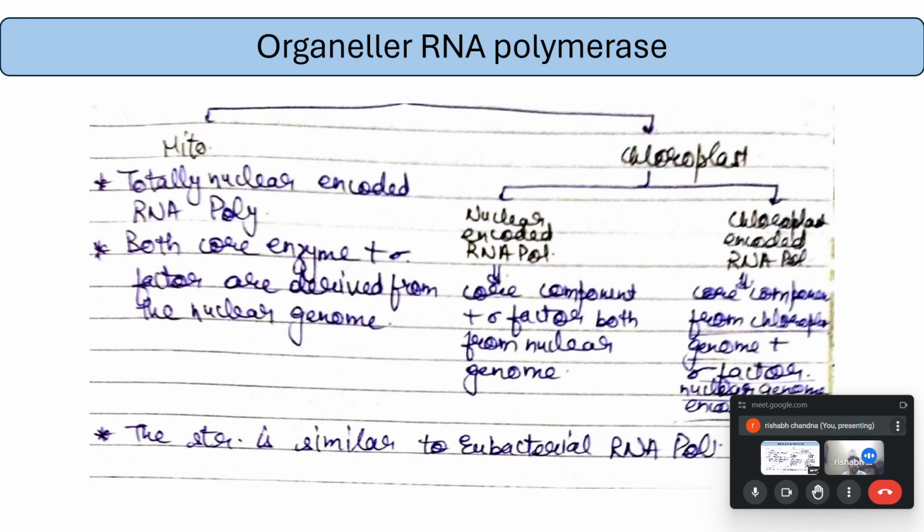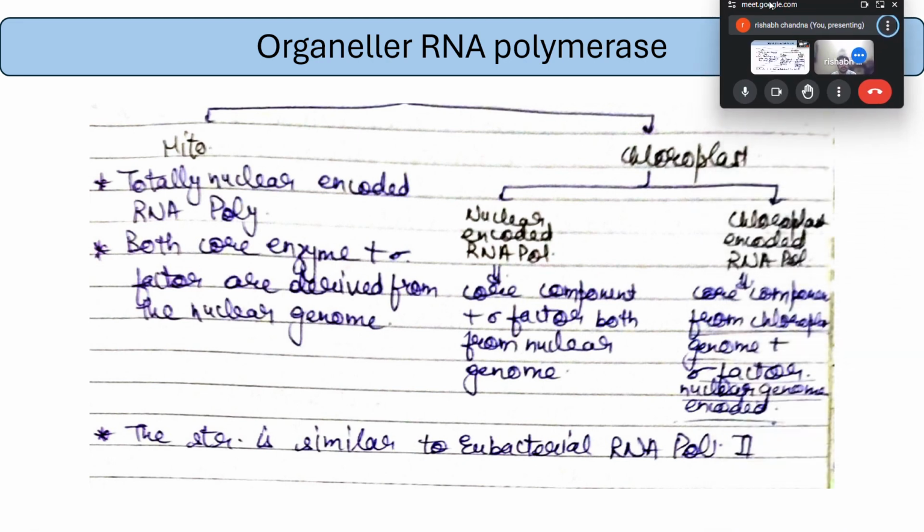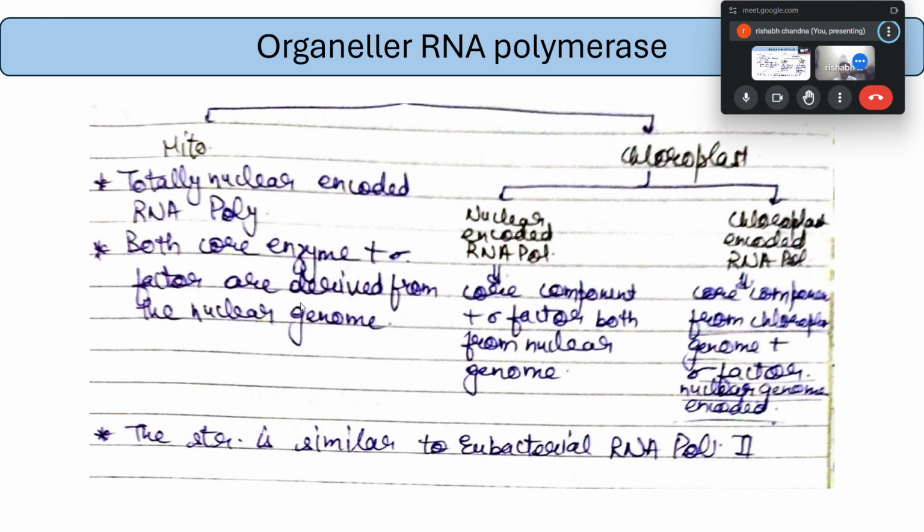Now moving on to the organelle RNA polymerases. There are two kinds of organelle, mitochondria and chloroplast. In both organelles, we have different subunits that are encoded by the genome of that particular organelle or by the nuclear genome.